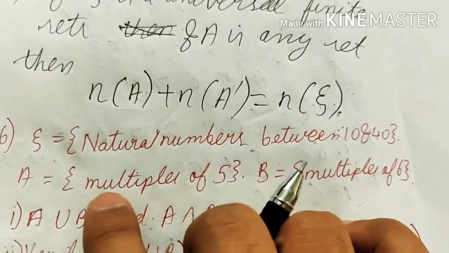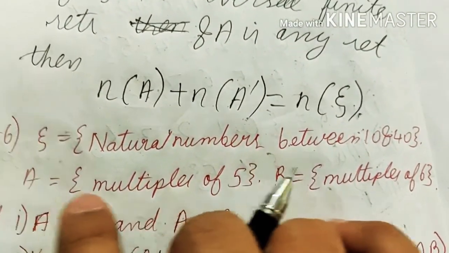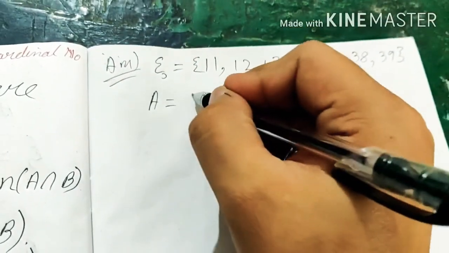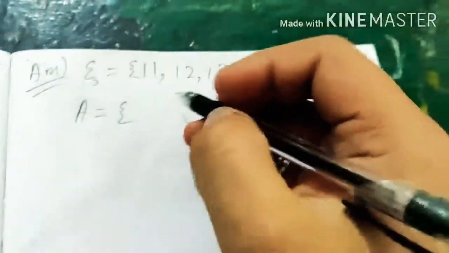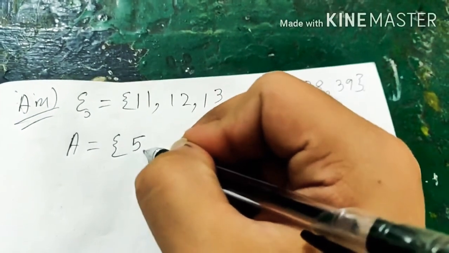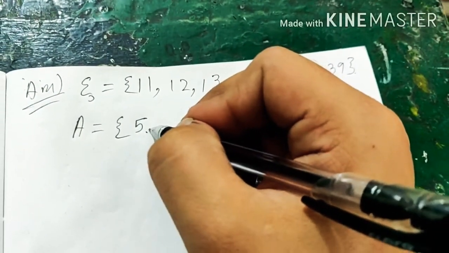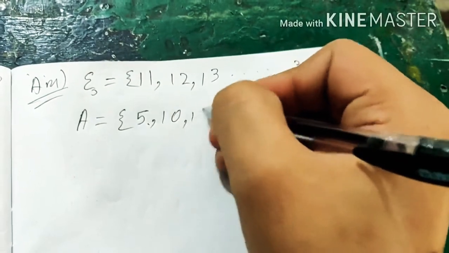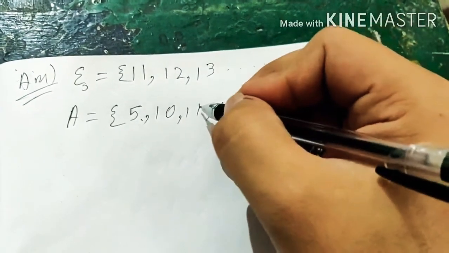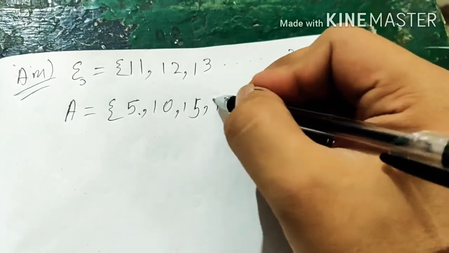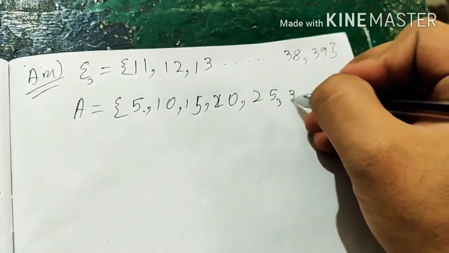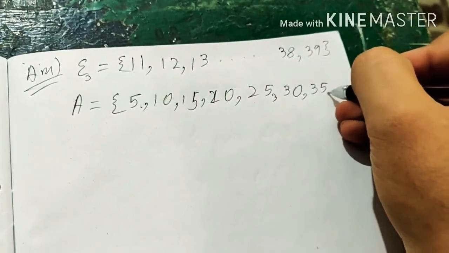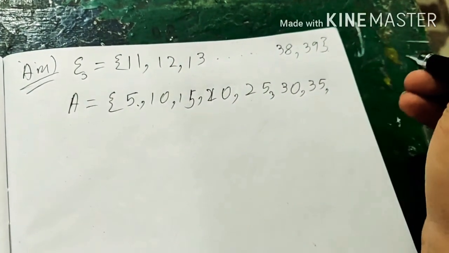A is the multiples of 5. Multiples of 5 means 5, 10, 15, 20, 25, 30, 35, and so on.